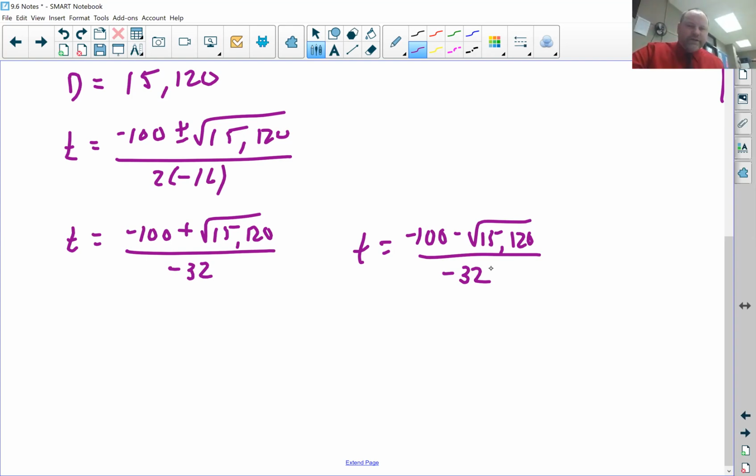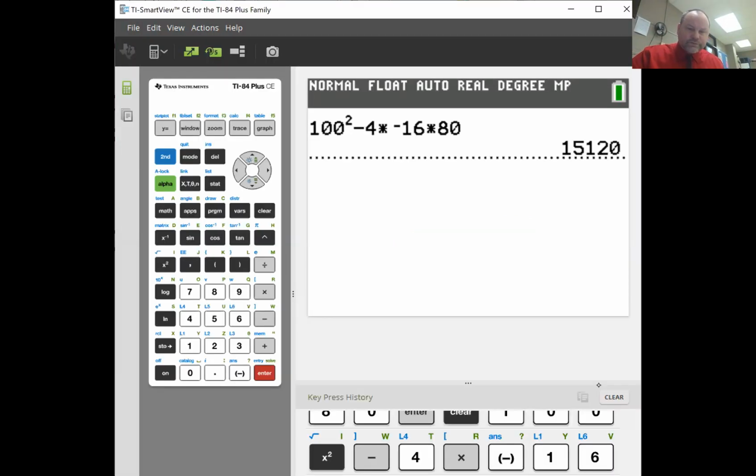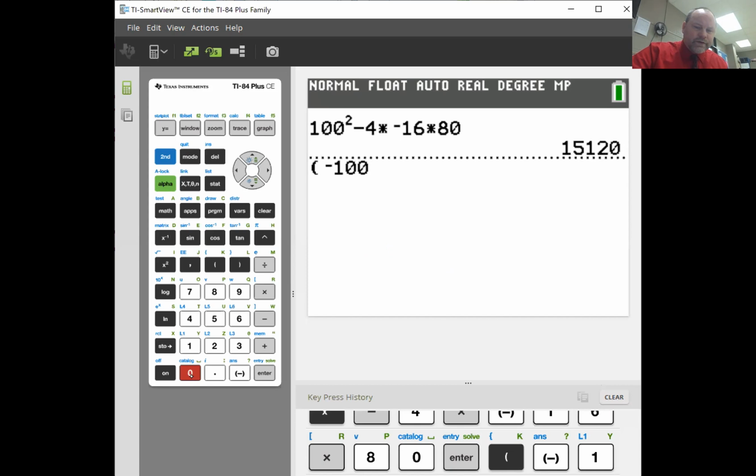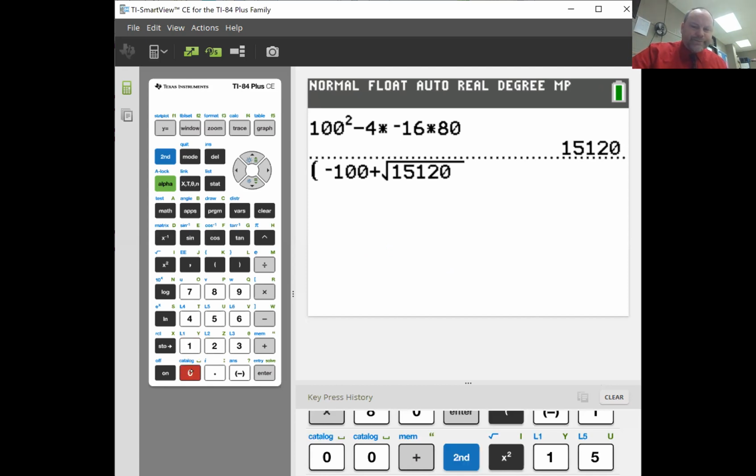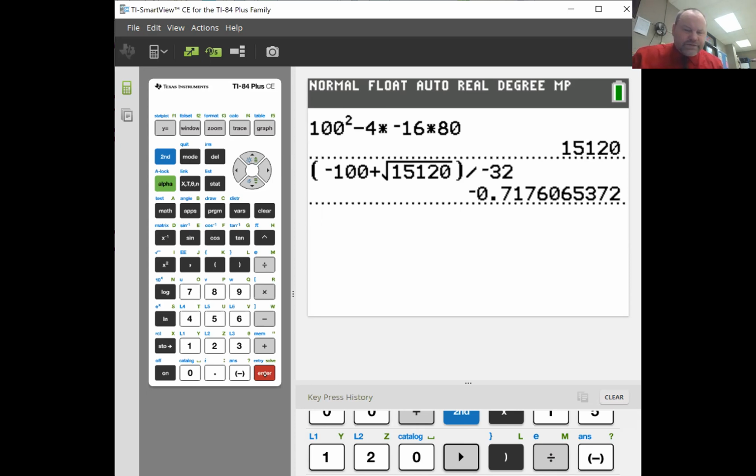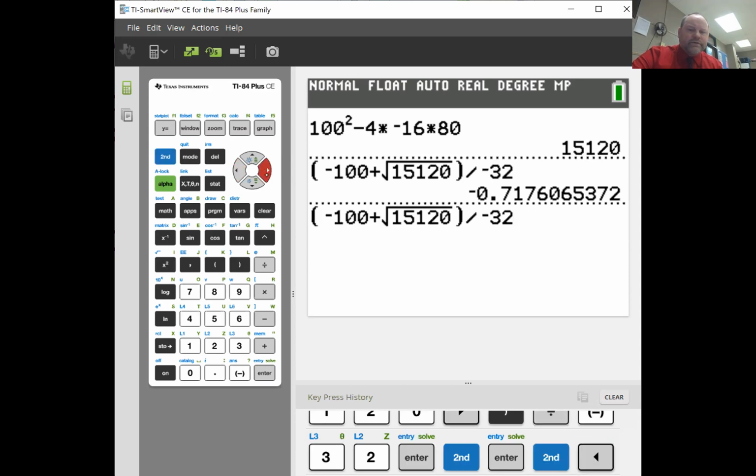All right, going back to the calculator. Negative 100 plus the square root of 15,120 divided by negative 32. Negative 0.72. Again, we'll round to the nearest hundredth, 2 decimal places. And switch the addition to subtraction.